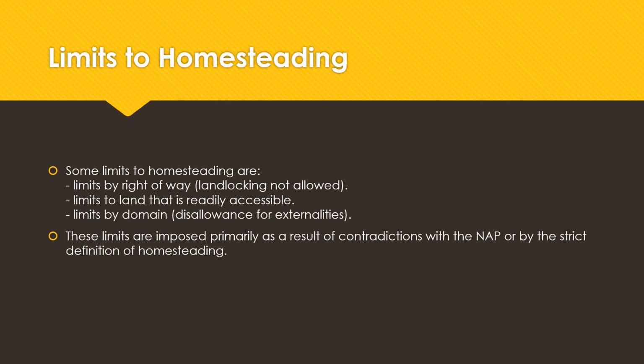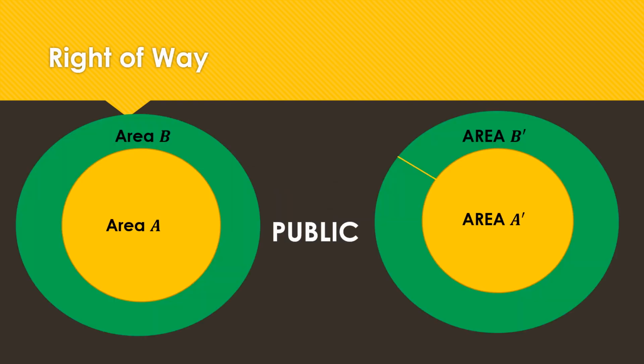Some limits to homesteading are limits by right of way, limits to land that is readily accessible, and limits by domain. These limits are imposed primarily as a result of contradictions with the NAP or the strict definition of what homesteading is. So let's talk about this limit by right of way.